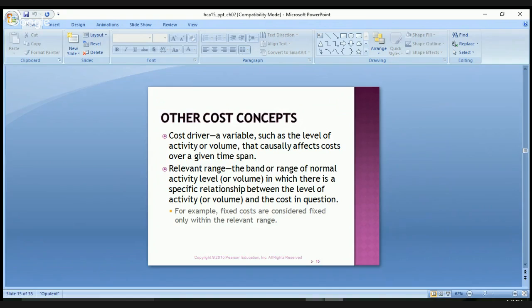Okay? So the relevant range is more than one truck, but less than two. Does everybody understand that? It's on page 35 in your book, too. Basically, if you have two trucks and they both can go 120, that's a total of 240.